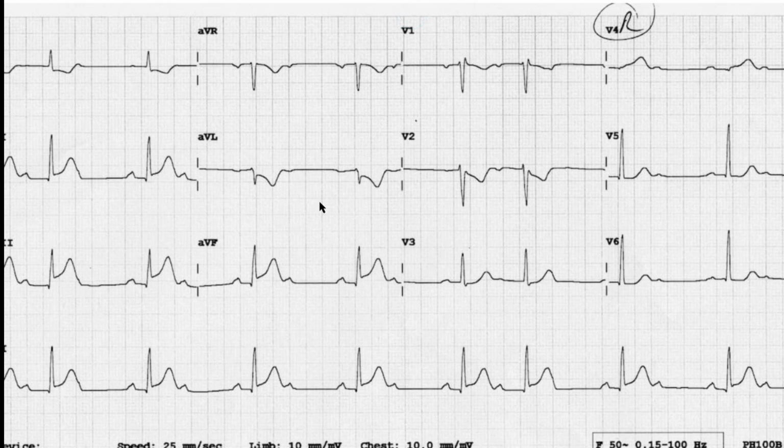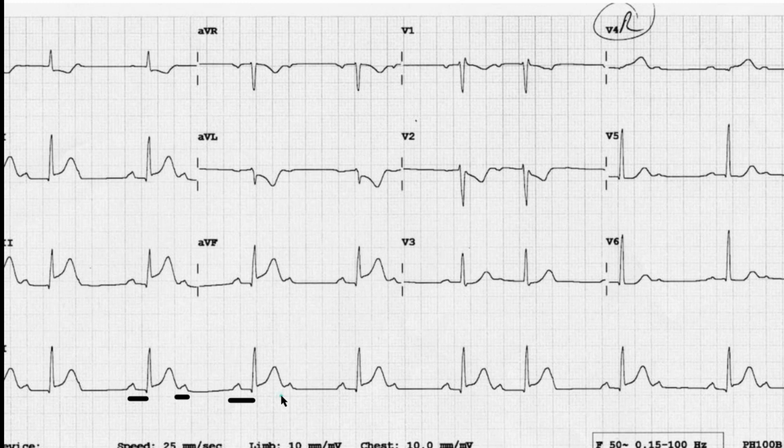Now if we look at lead 2 again, we can find another important thing. Here you can see that the P wave is followed by a QRS complex, whereas this P wave is not being conducted. The next one is followed by a QRS complex.